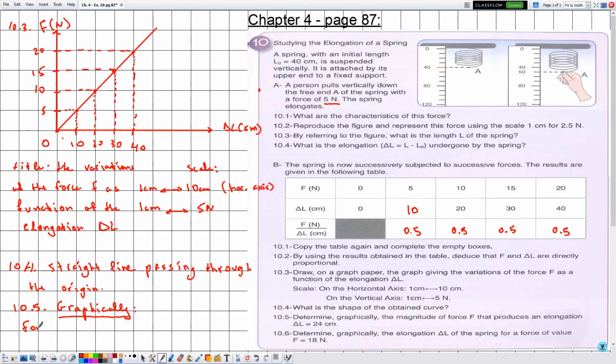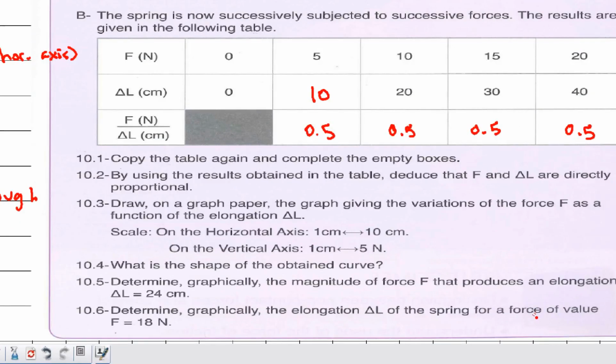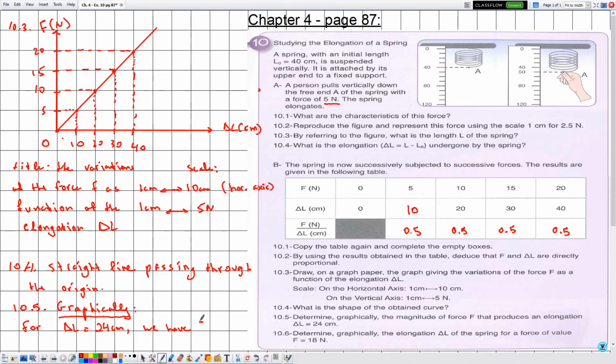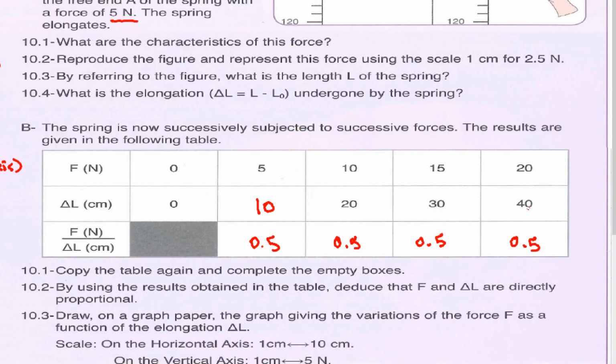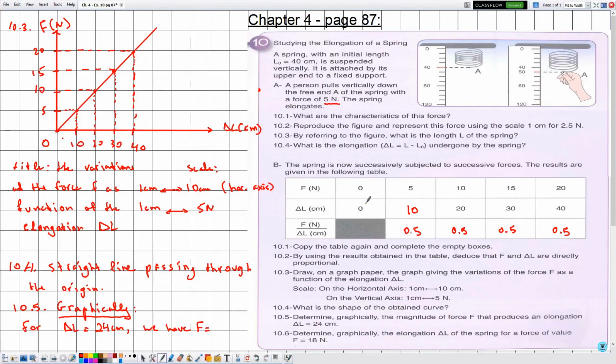For delta L equal to 24 centimeters, we are interested in calculating the value of F. So notice that delta L equal to 24 centimeters doesn't appear in the table. We need to refer to the graph in order to determine the value of F by referring to the curve.